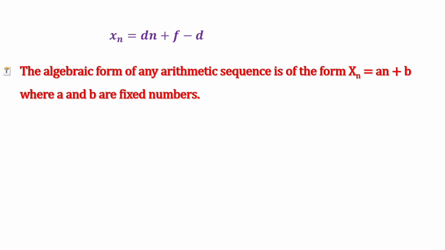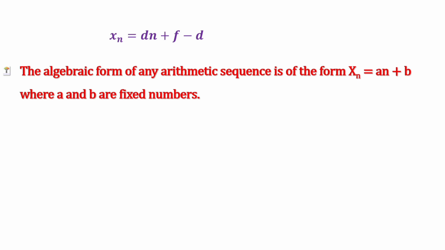For example, if you take the sequence of multiples of 4, 8, 12, etc., what is the algebraic expression? 4n plus 4 minus 4, or 4n. The algebraic expression is 4n. We can write it as 4n plus 0. That is also of the form an plus b, where a is 4 and b is 0.